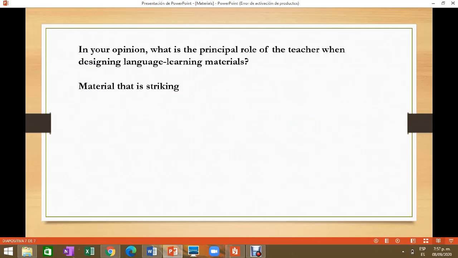The fourth question is: in your opinion, what is the principal role of the teacher when deciding language learning materials?